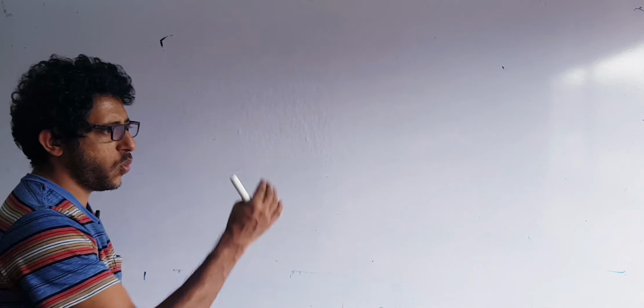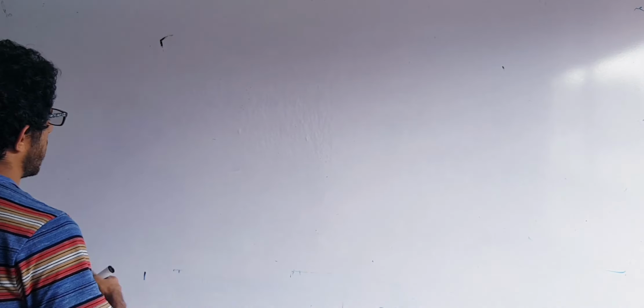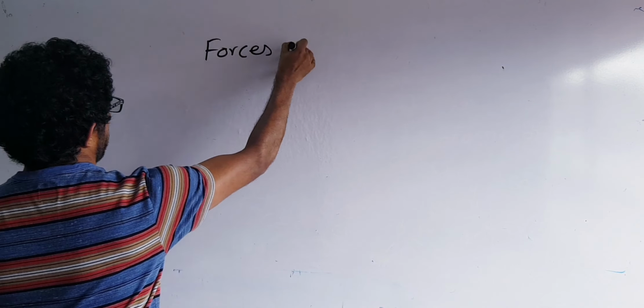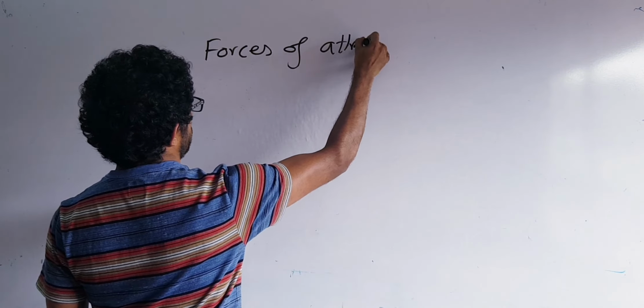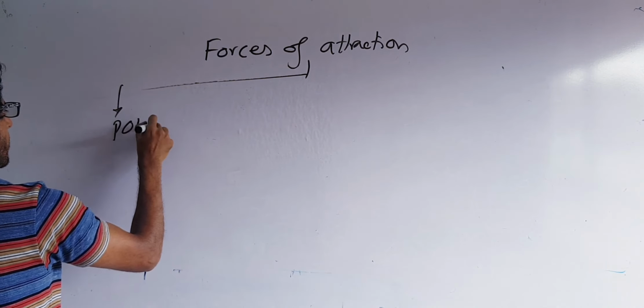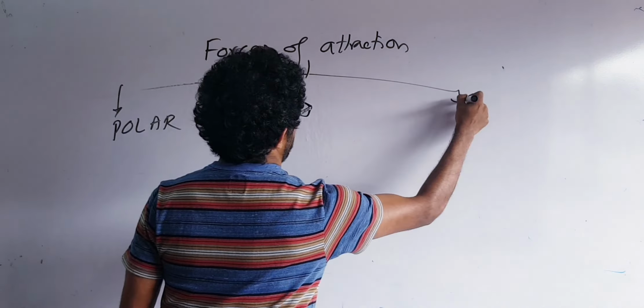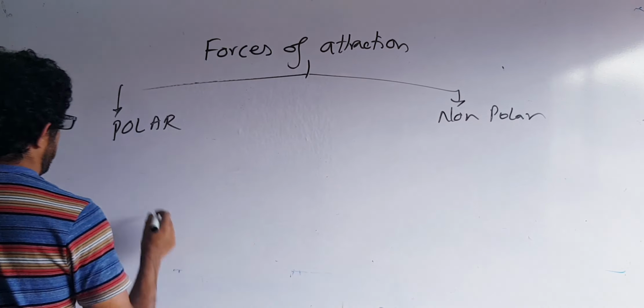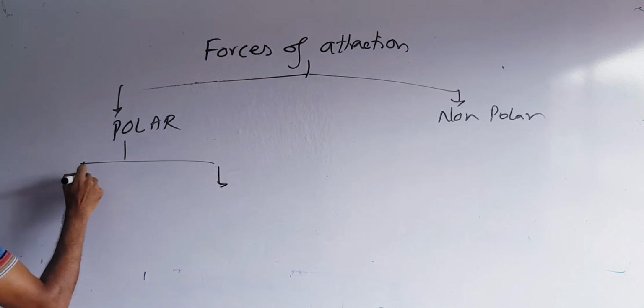After you figure that out for a given substance, you have to know what type of attractive force it has. So if I write forces of attraction, then on this side I will write polar, and on this side non-polar. Polar molecules again we can divide into two.